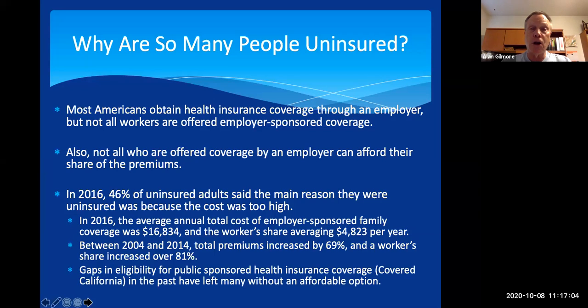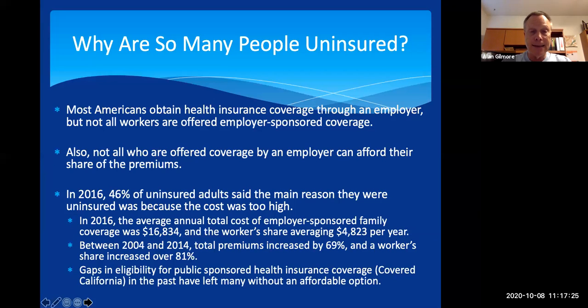Their share of cost may have been way too high. Their deductible may have been high. All of those are contributing factors as to why some were uninsured because the cost was just too high.